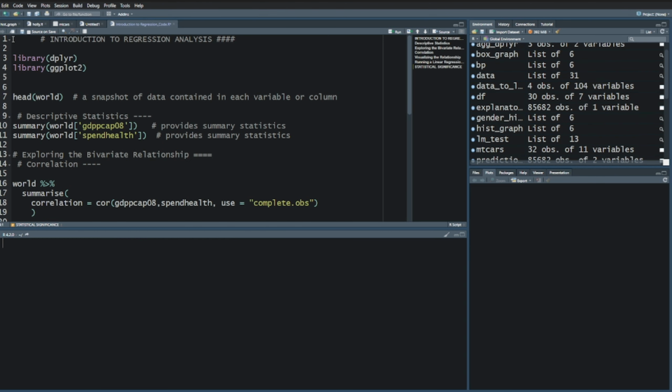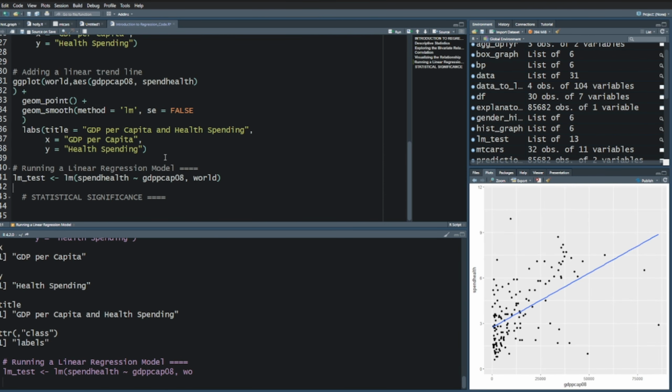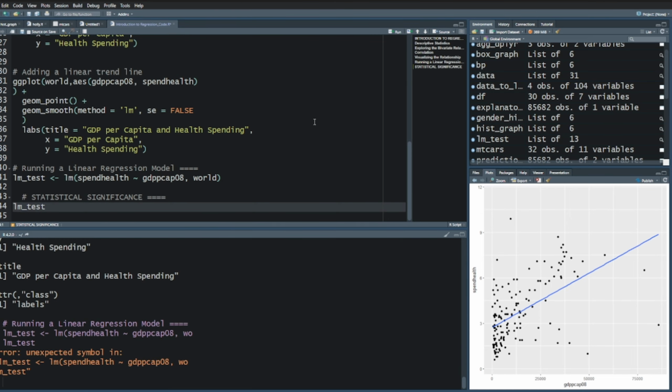So I'm going to run everything we did in lesson 1 up to line 41. The last thing we did in that lesson was to execute code to model our linear regression, right? And we stored it in an object called lm test. So if you call lm test, you should see some regression output.